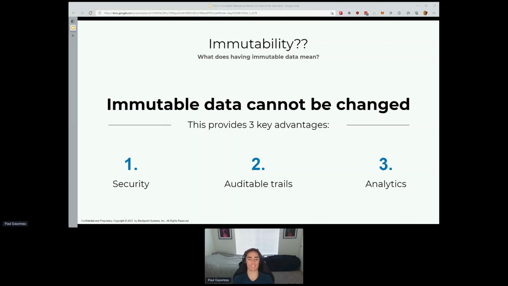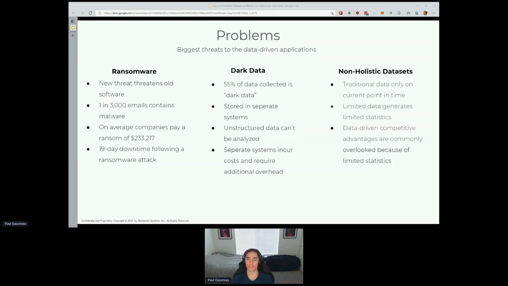So you can jump back in time, look at previous versions of a record, and then analyze how that has changed over time. So what I'm going to do now is overview what I think are 3 of the biggest problems in modern applications today. And then we'll give you a little overview of BlockPoint. And we'll talk about how immutability can help solve these problems, right?